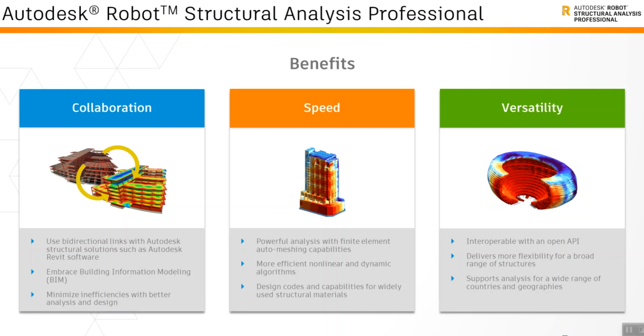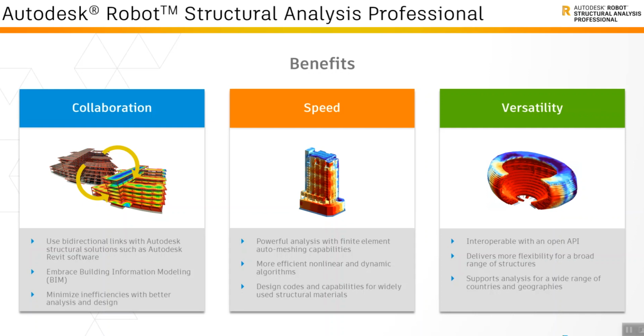So here in our Autodesk platform, you can utilize the bidirectional links with Autodesk Revit Structure software and Advanced Steel. Revit is meant for RCC and structural steel, and we have our own tool called Advanced Steel, which is meant for structural steel detailing. The bidirectional links between these software packages are perfect here in Robot Structural Analysis.